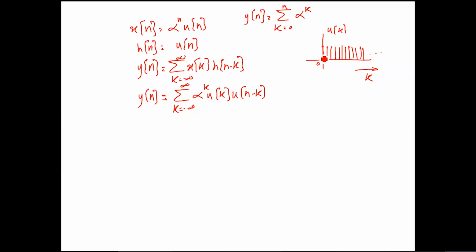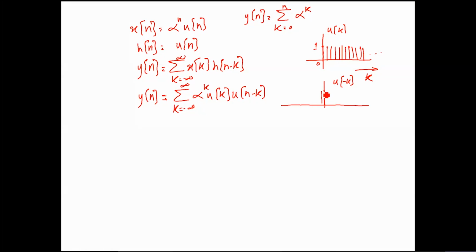Starting from 0, the value is 1 and it remains there for all positive values of k all the way to infinity. This is u of k. And let's talk about u of n minus k. If we have u of k, then if we flip the axis, u of minus k would be the flipped version.